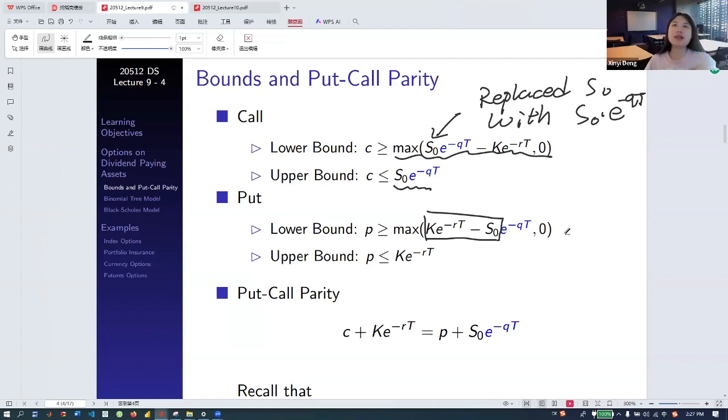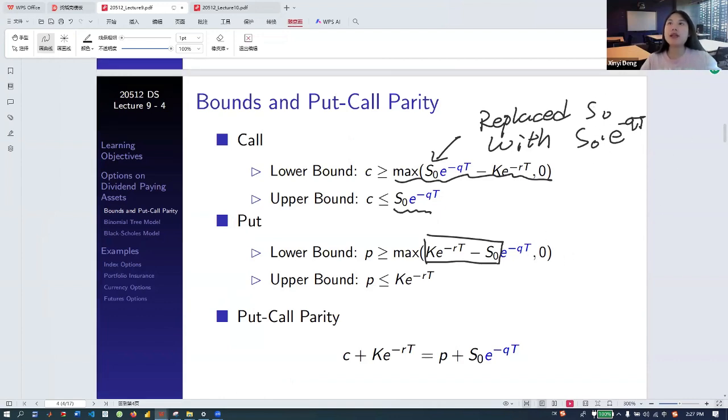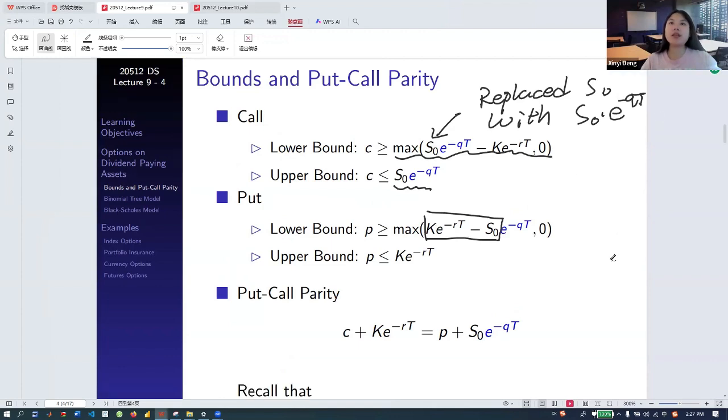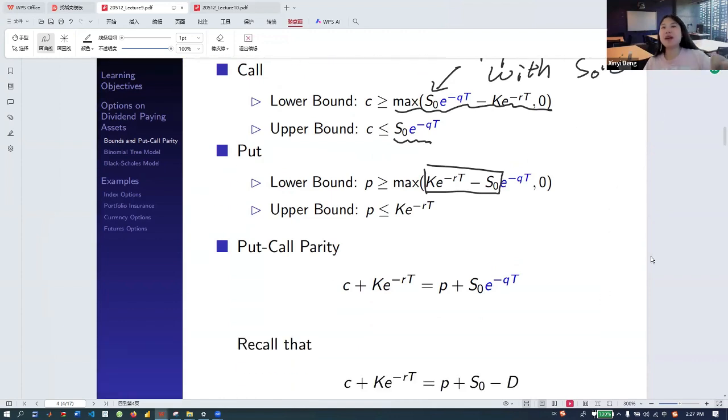So we adjust that by, again, just changing S0 to be S0 times e to the power of minus qt. Easy, right? As for the upper bound, since for the put options the upper bound doesn't have any S0 involved, it remains the same as what we have from previous lectures.